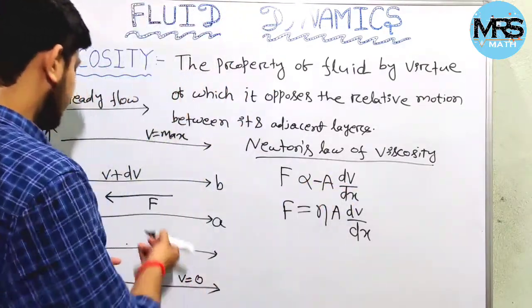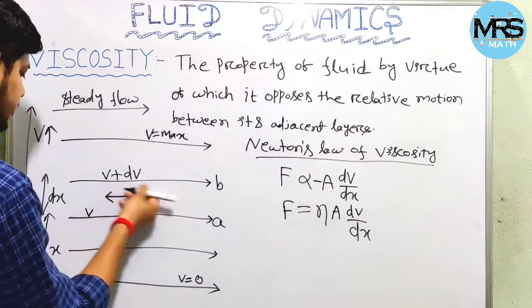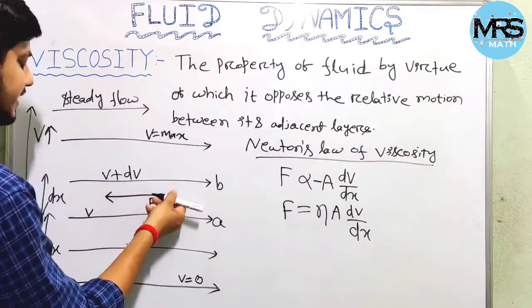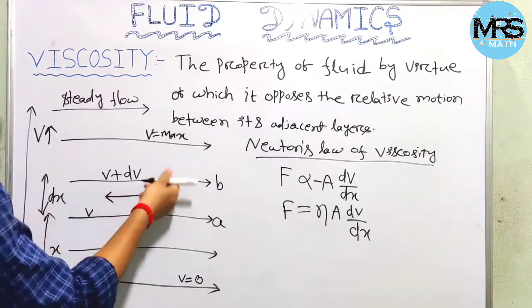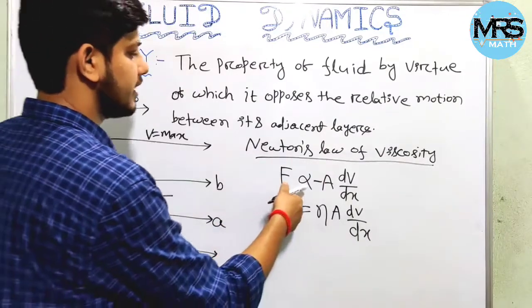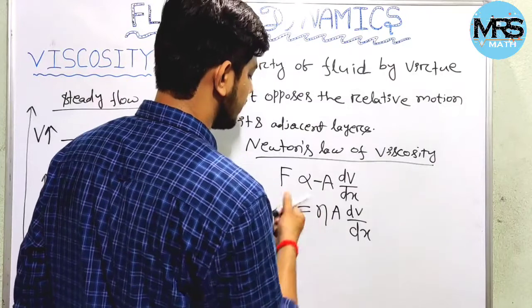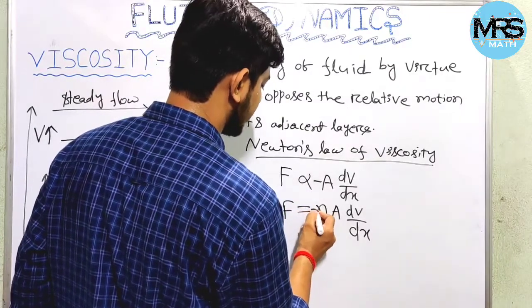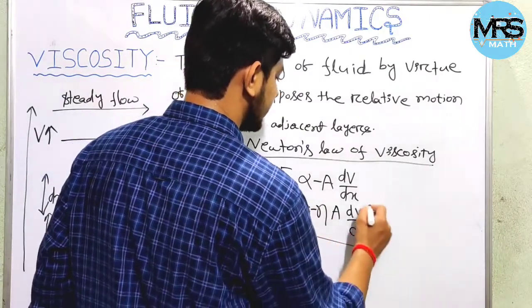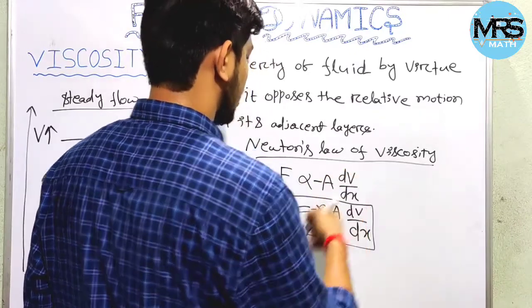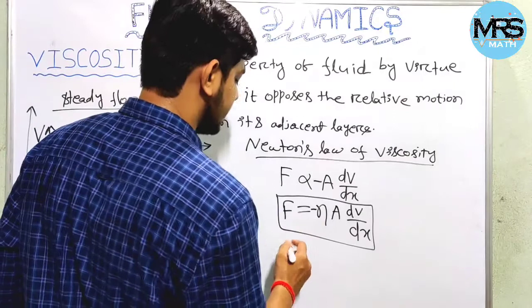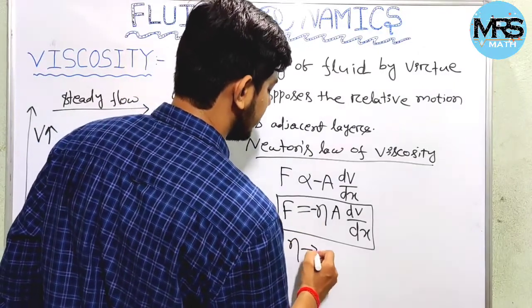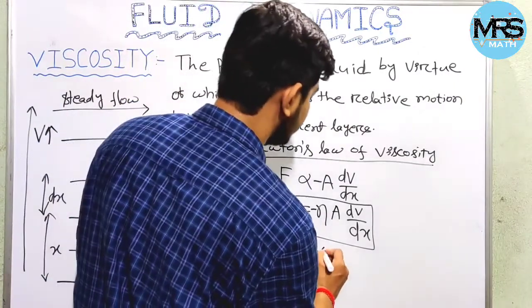Because this force is an opposing force, a dragging force, that means it is opposite to the direction of the fluid flow. So we can put a negative sign here. So this is our Newton's law of viscosity, and this constant eta is the coefficient of viscosity.